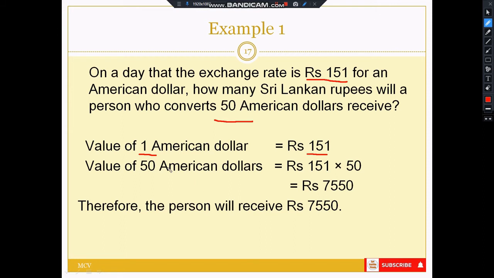So 50 is 151 multiplied by 50. 151 multiplied by 50, 7,550. Therefore, the person will receive 7,550 rupees instead of 50 American dollars.